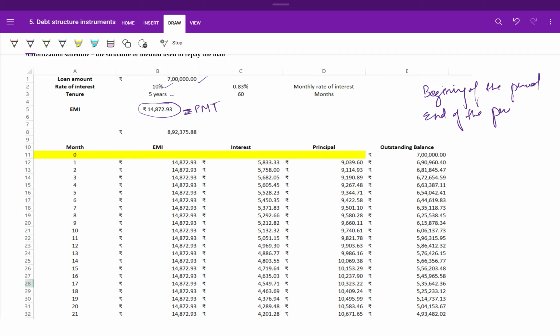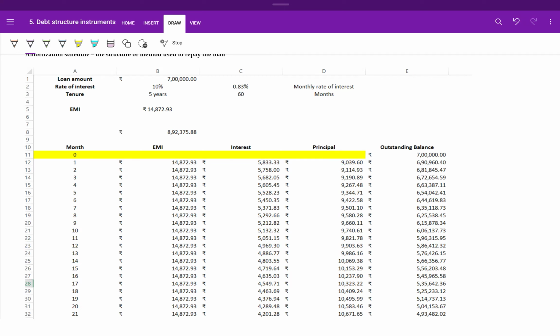What do these terms mean? Now let's understand the process of compounding and discounting first. And since we are talking about it, let's talk about it in detail.